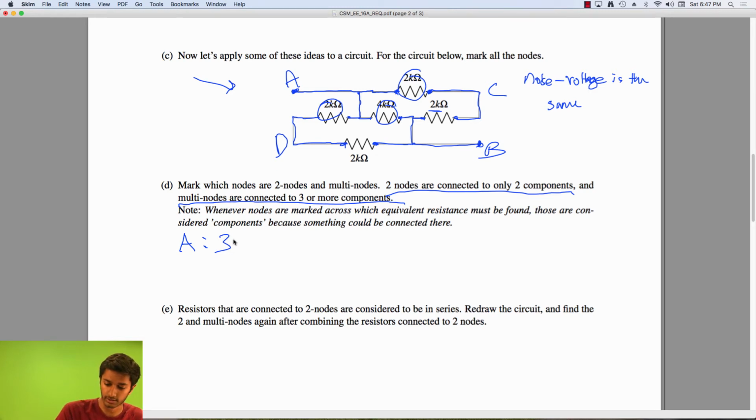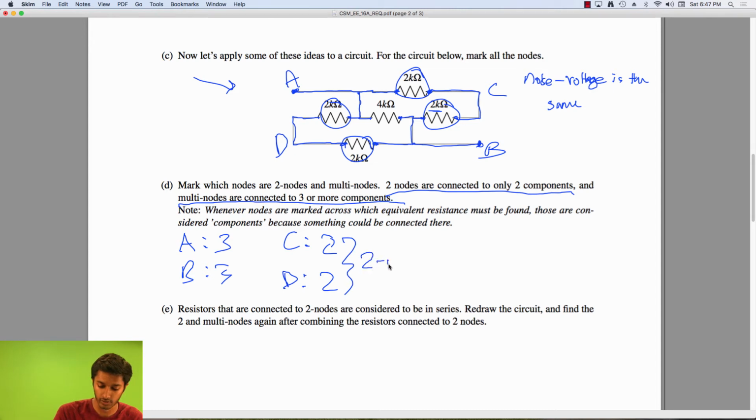B is connected to 1, 2, 3 components as well. And then now let's look at C and D. C is connected to 1, 2. And D is connected to 1, 2 also. And so C and D are two nodes. A and B are multi-nodes.